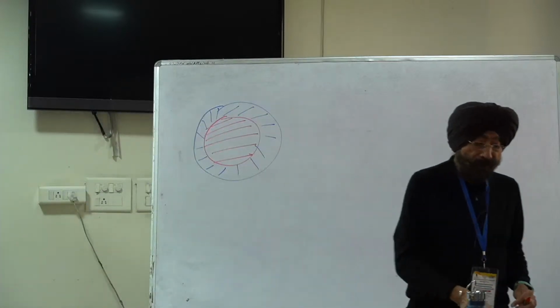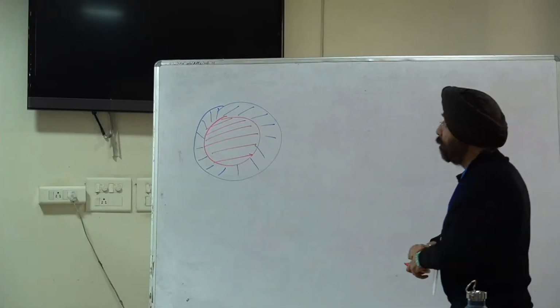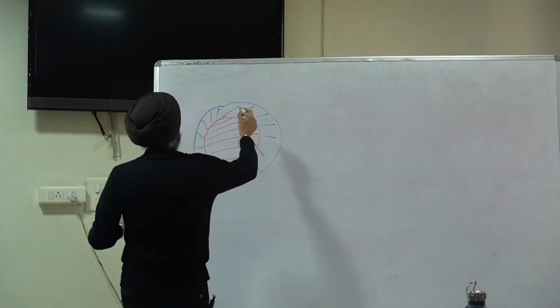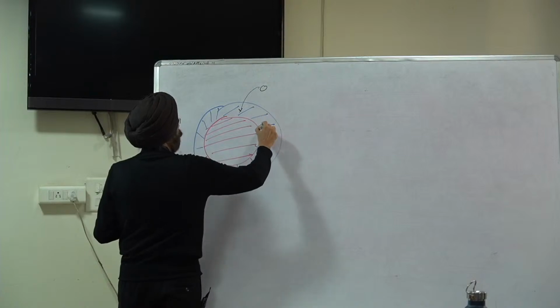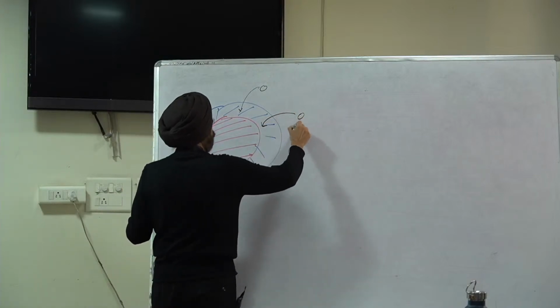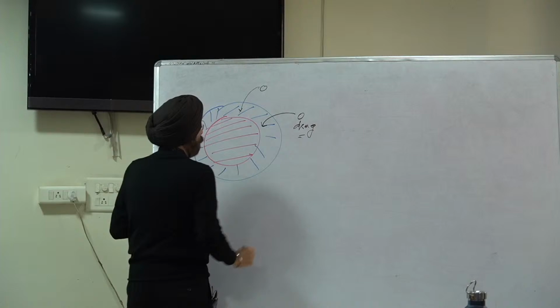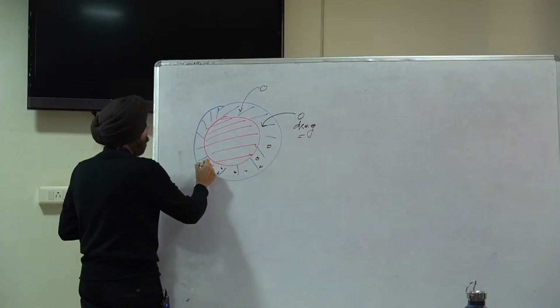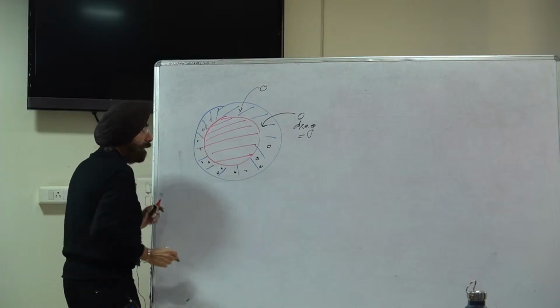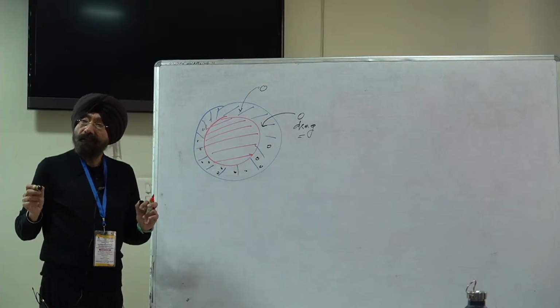So this shell which is there around the nanoparticle is in fact the place where we can put the drug molecules. The drug molecules can be solubilized over here, and the nanoparticle works as a carrier.